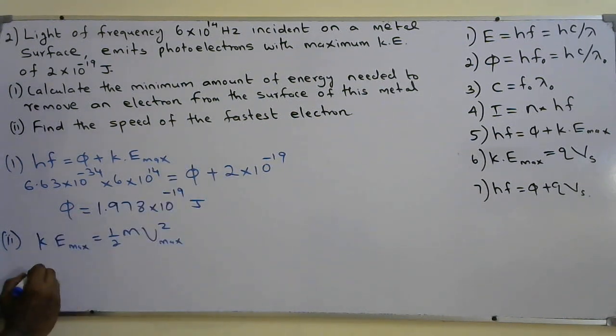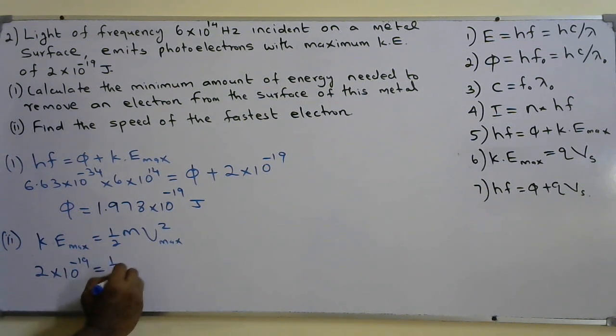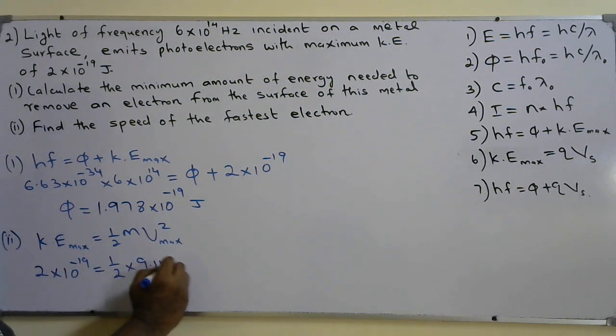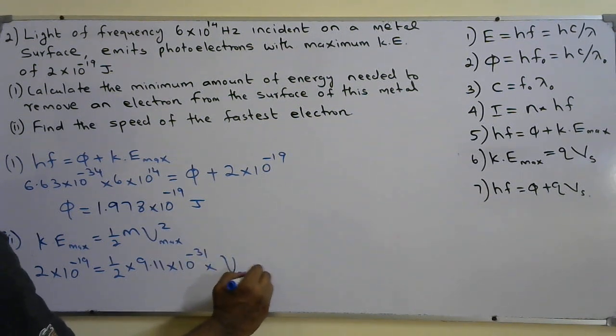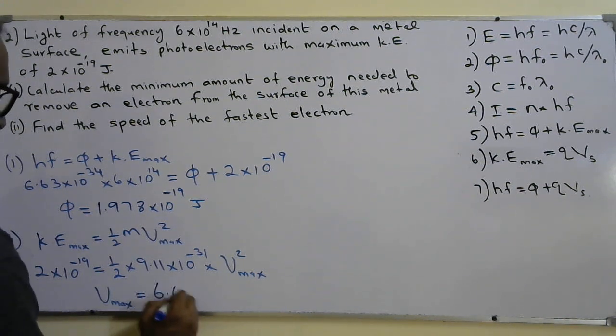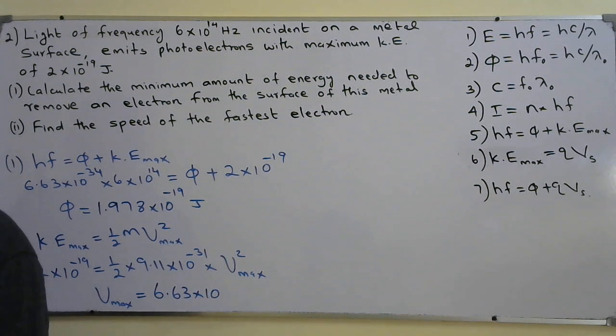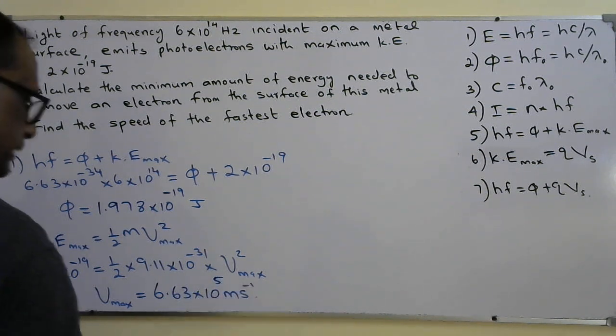K max we know: 2 × 10^-19 equals half into 9.11 × 10^-31, given in the data sheet, times v max squared. Find the v max. That will be 6.63 × 10^5 meter per second.